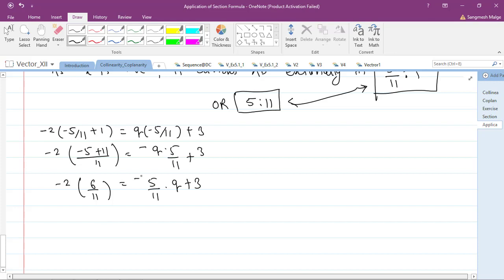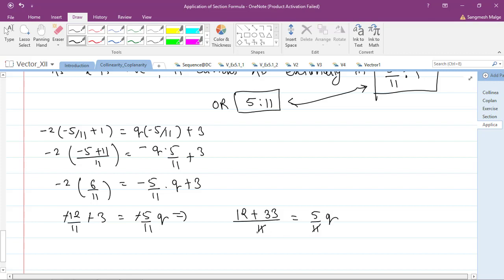Okay, so you take the 3 on the LHS side, so it will be minus 12 upon 11 minus 3 equals to minus 5 by 11 q. This minus minus gets cancelled, so what is remaining is 12 plus 33 whole divided by 11 equals to 5 by 11 q.